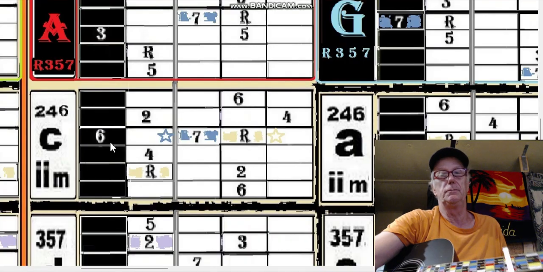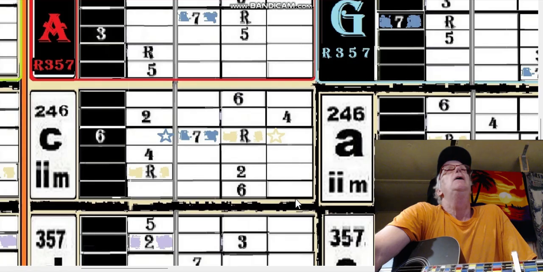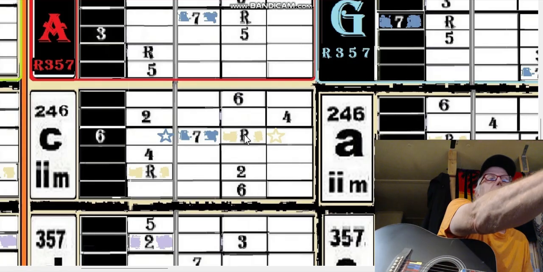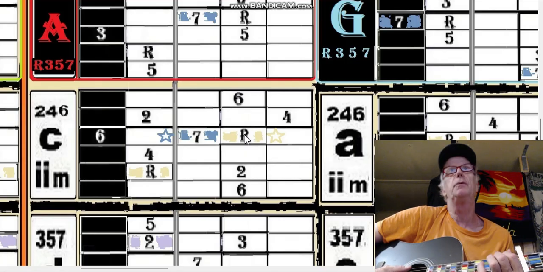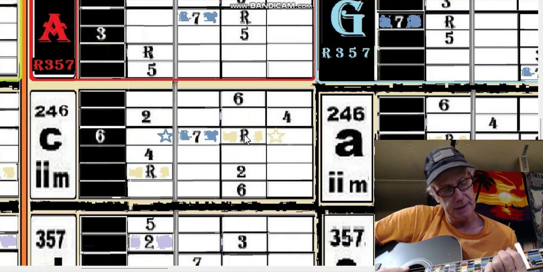They're hard chords to play anyway. We're looking at it, but we're going to add the seventh of that Dorian. Okay, so on the bottom we've got the 6, the 2, the 4 is going to be open, and we're going to hit the root there.